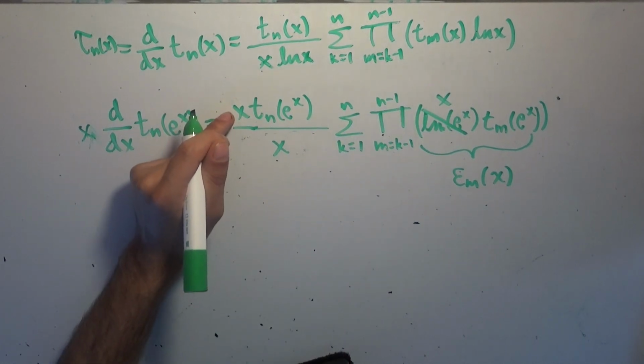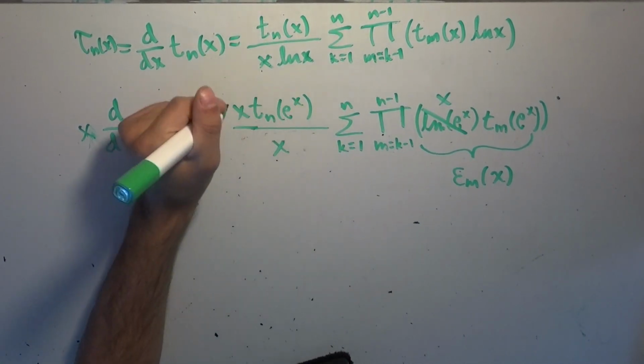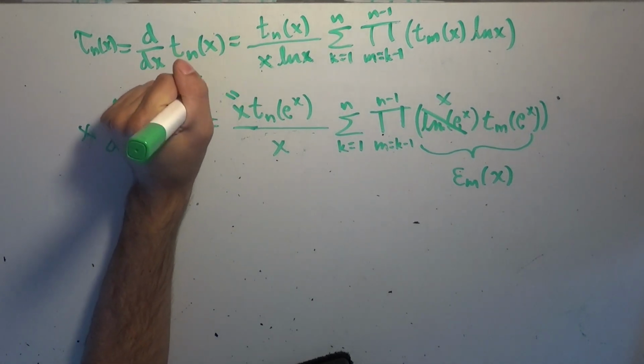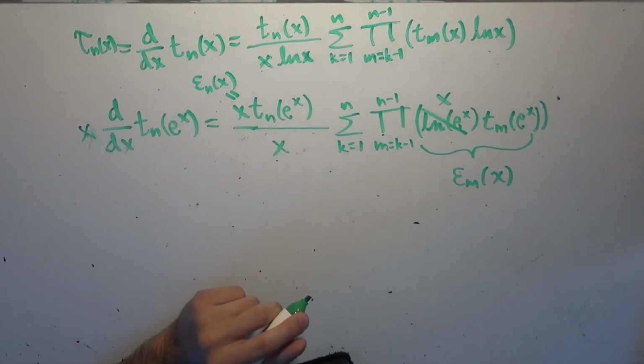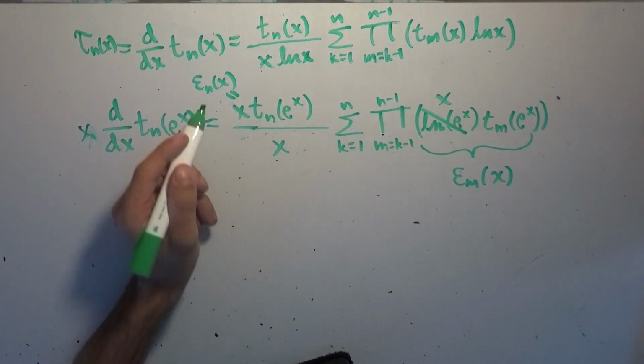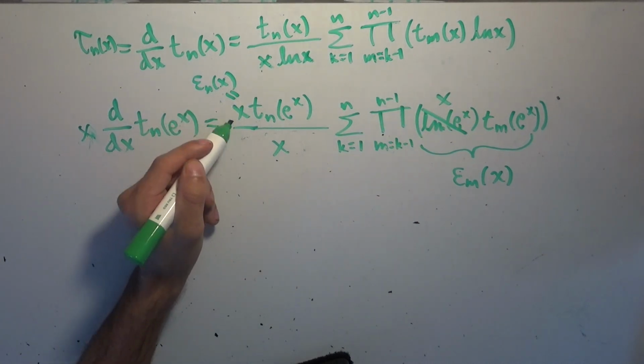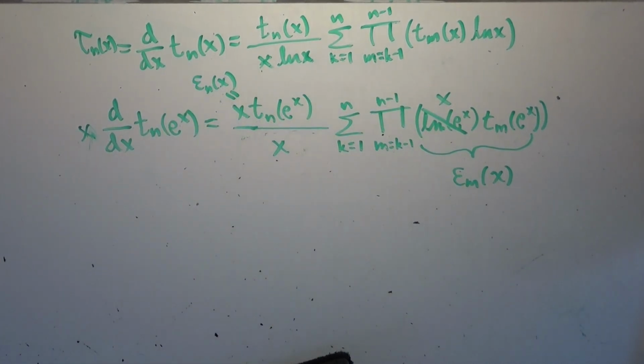rewrite this as, well, this is the nth epsilon function, of course. I hope that's clear, right? The definition of the epsilon functions that I gave in the previous part was x times the nth tetration of e to the x.